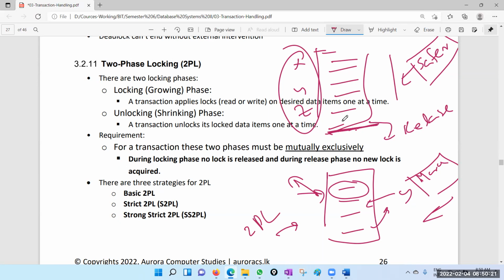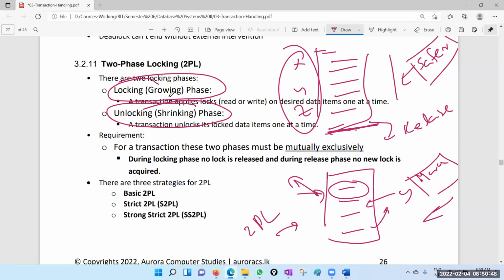So this is single-phase locking: you acquire, and only at the end you release. But here you have two phases. We have the lock growing phase and the lock shrinking phase. In the lock growing phase, we acquire locks but we don't release locks.